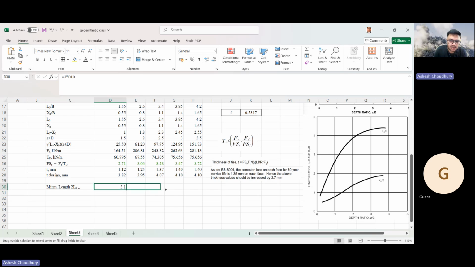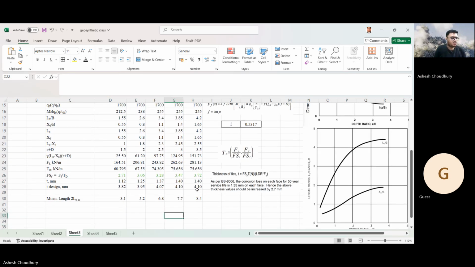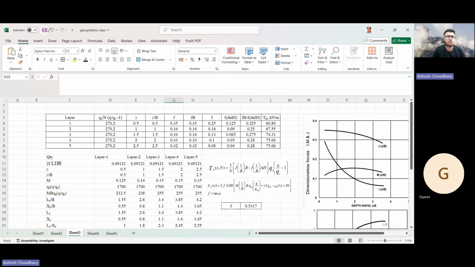These are the minimum lengths of the ties that you have to use. You can take around 9 meters, that will be better. So this is how you have to solve the problem.